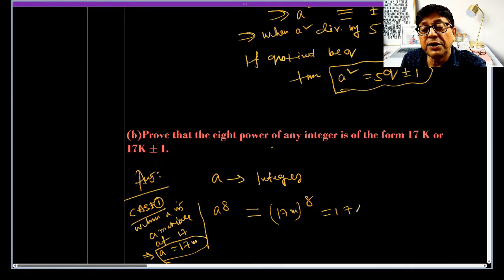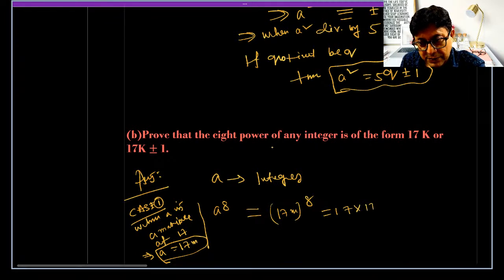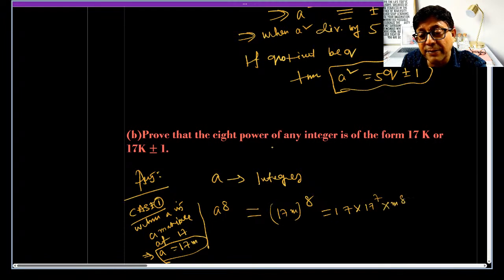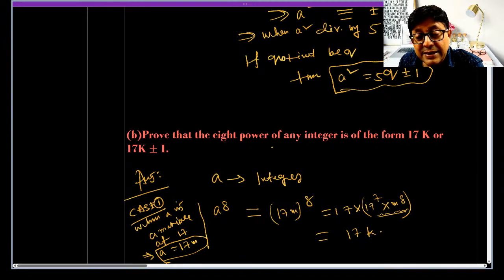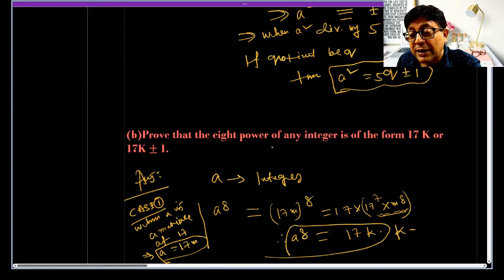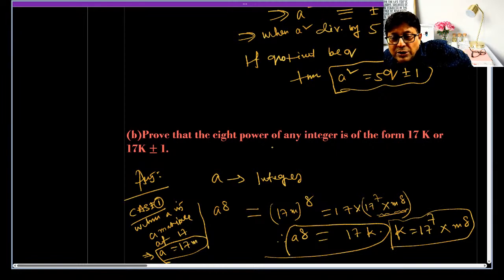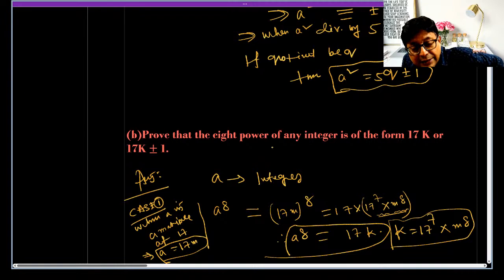So it is 17 into 17 to the power 7 m to the power 8. I told you m is an integer, so m to the power 8 is an integer, and 17 to the power 7 is also an integer. We can write this product as 17k. What is the value of k over there? k is 17 to the power 7 into m to the power 8. So the 8th power of an integer, if it is a multiple of 17, can be put into this form 17k.